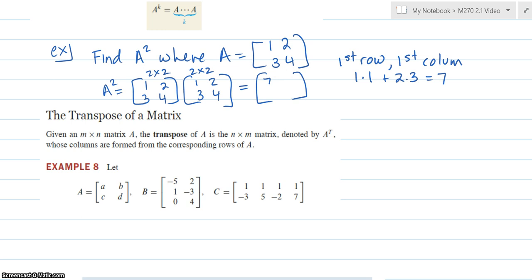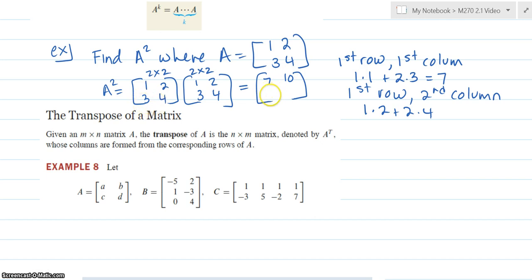The next one, first row, second column, what would that be? That would be first row, second column, so it would be 1 times 2 plus 2 times 4. 8 plus 2 is 10. So again, I will just do these two.